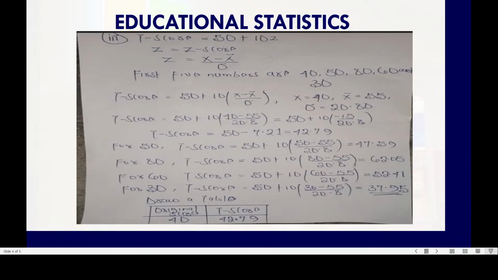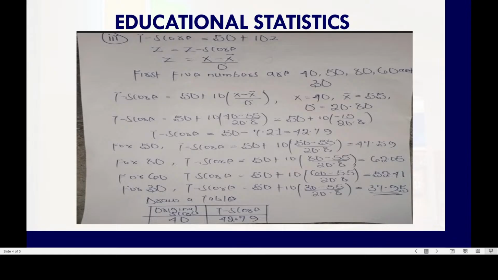If you use your calculator to simplify, the way we simplified the first one, you are going to have 47.59. So who's the next score? 80. I will put the same thing into the same formula. If you simplify that, you're going to have 62.05. You continue like that, you get to the last score, which is 30. So if that is done, you create a table for it, the original score and the t-score.